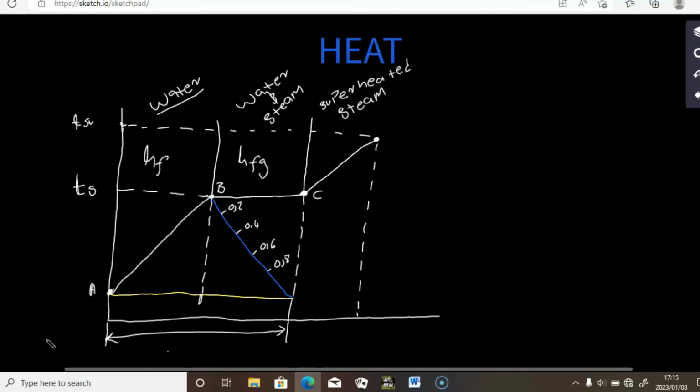The enthalpy of dry steam is represented by Hg. Therefore, Hg, which is the dry steam, covers the HFG and HF. Therefore, the formula for Hg is equal to HF plus HFG.